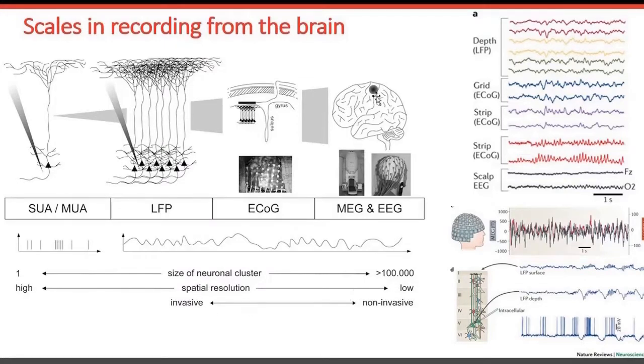While in the EEG case, one sensor picks up the activities of 100,000 neurons. So spatial resolution is very poor because we cannot tell which group of these 100,000 neurons are firing or working. And also we have invasive versus non-invasive.